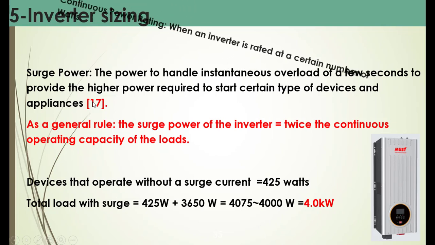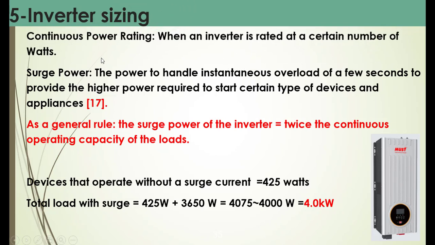So the continuous power rating, what does this mean? When an inverter is rated at a certain number of watts, this means the continuous power rating of the inverter.